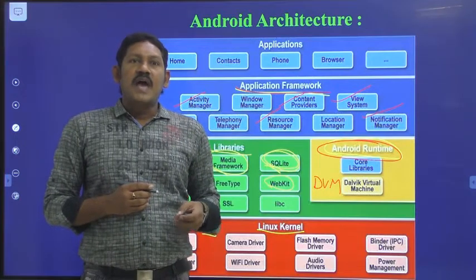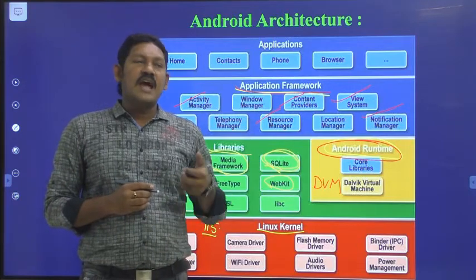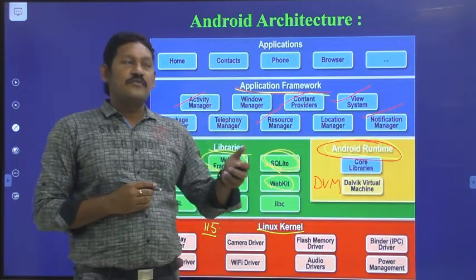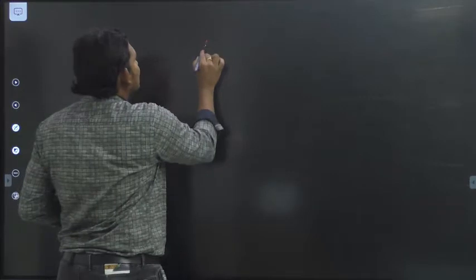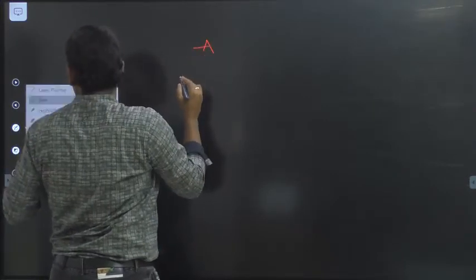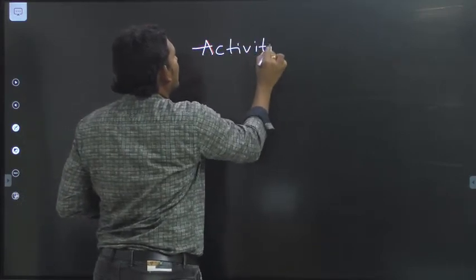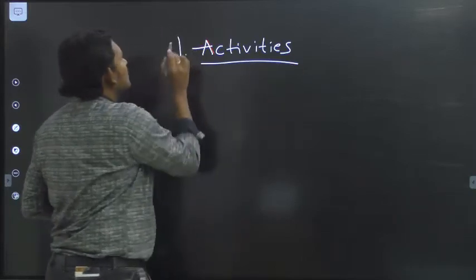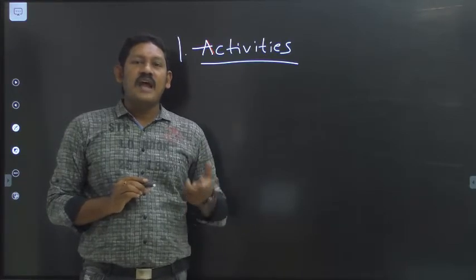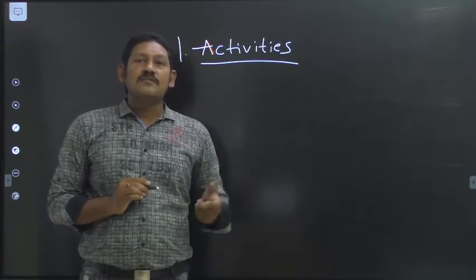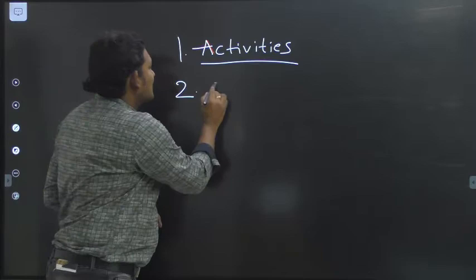For example, activities. What is the use of activities? They dictate the user interface and handle the user interaction to the smartphone screen. The second one is services.